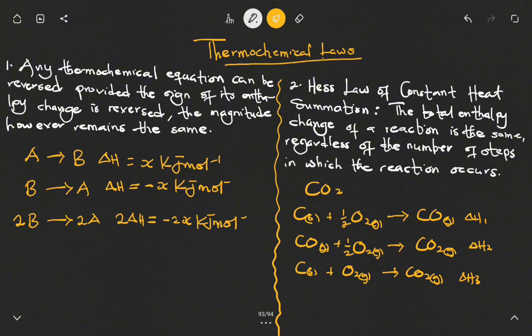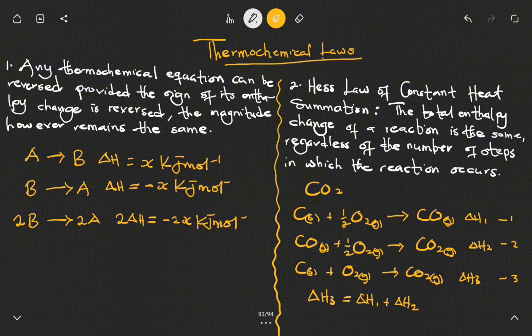Now what Hess's Law is suggesting is that since these first two equations, let's call them 1 and 2, all contribute to the formation of the carbon dioxide, if we don't know the enthalpy change involved in equation 3, we can pick these two and determine the enthalpy change of the carbon solid with oxygen molecule giving us the carbon dioxide. So that simply means that delta H3 is equal to the sum of delta H1 plus delta H2. So that is Hess's law.